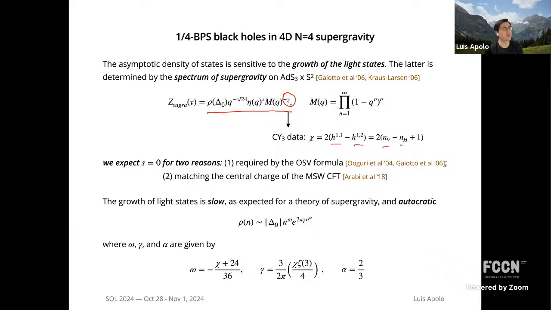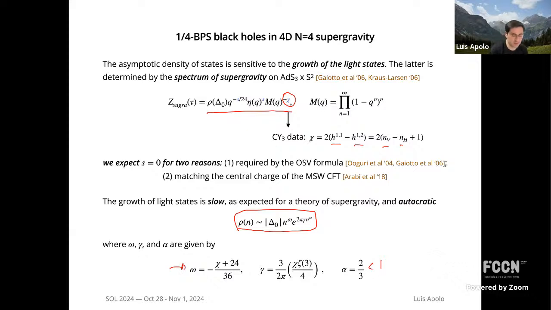And if you try to see how these contributions of supergravity grow, you find the following density of states, which is precisely what you expect for a slow growing form, where alpha is now 2/3, which is again less than 1, as it should be. And this value of chi determines the polynomial growth of the weak Jacobi form.